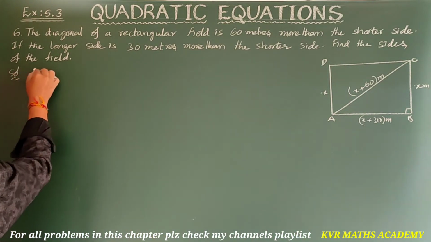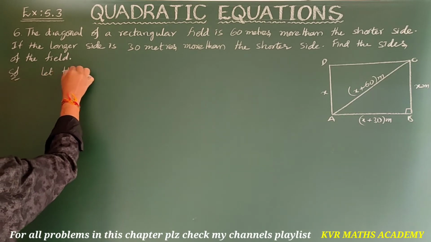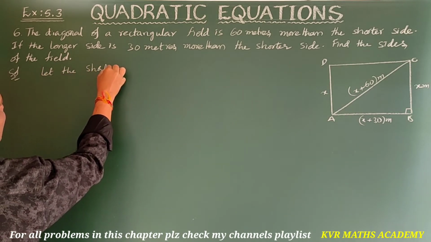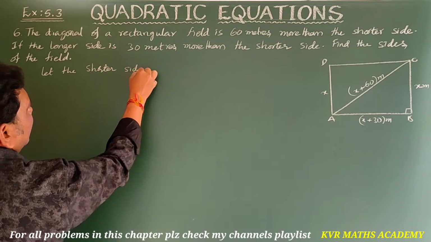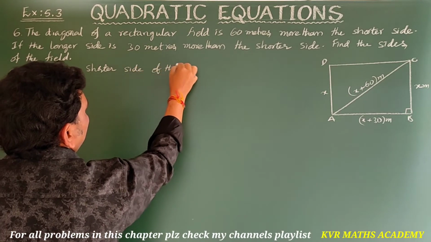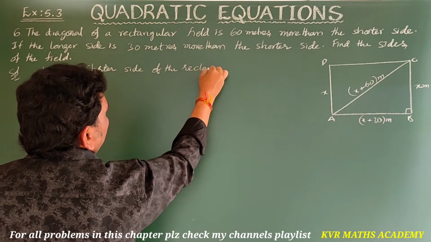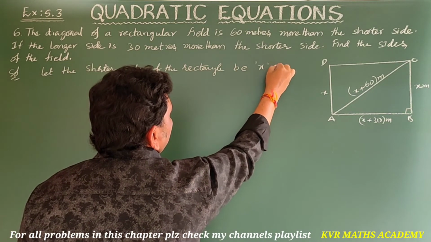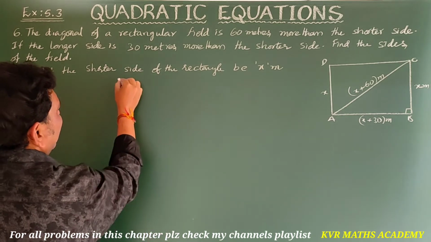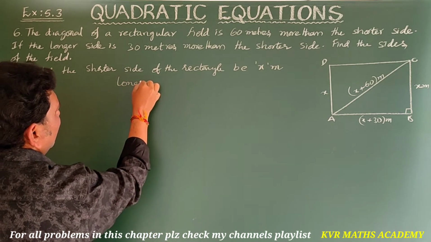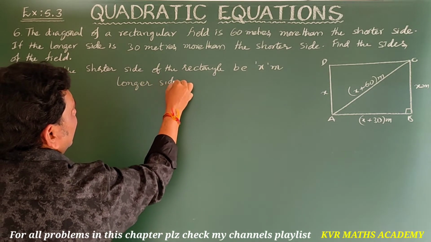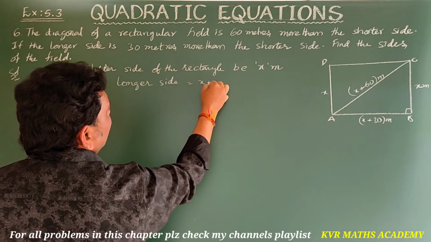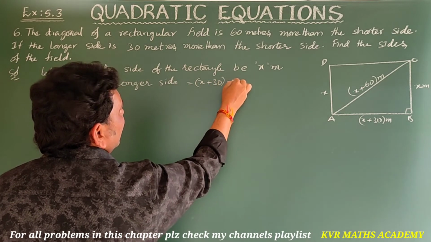Solution. Let the shorter side of the rectangle be x meters. Right? Next, longer side is equal to x plus 30 meters.